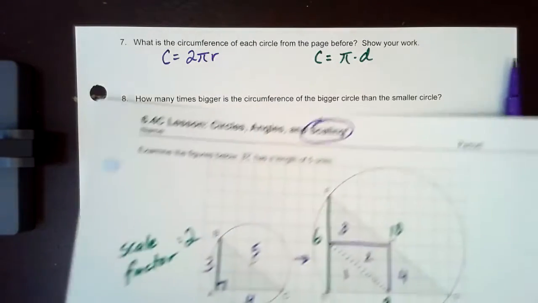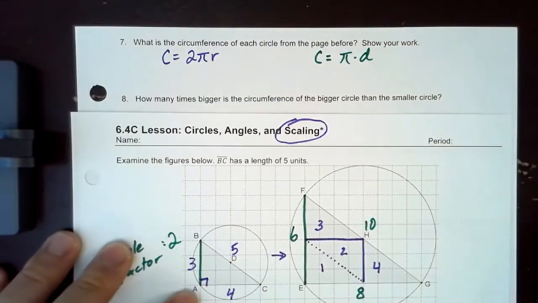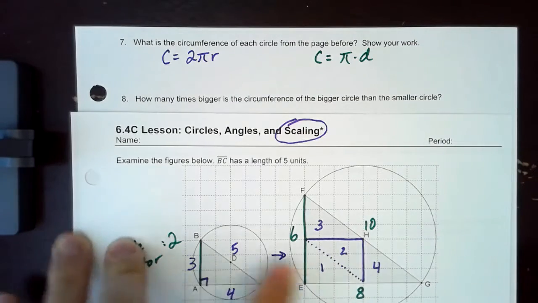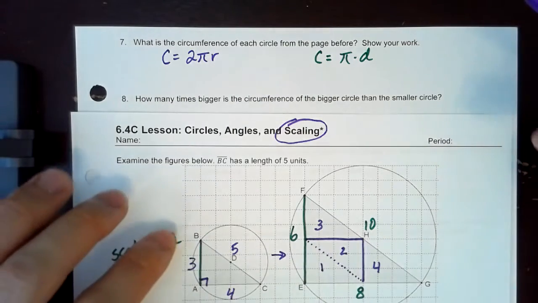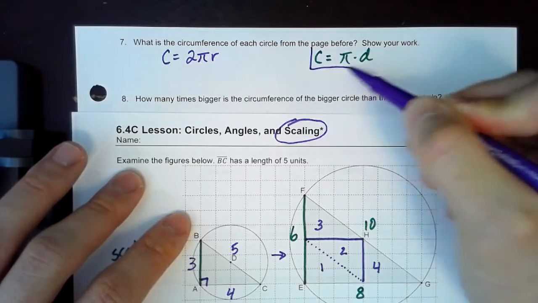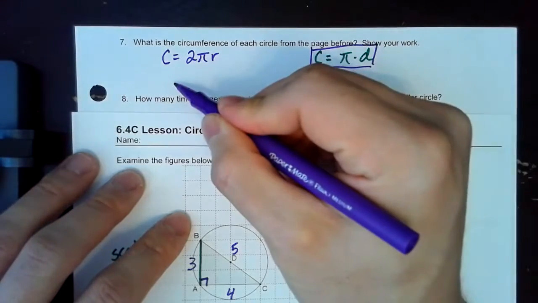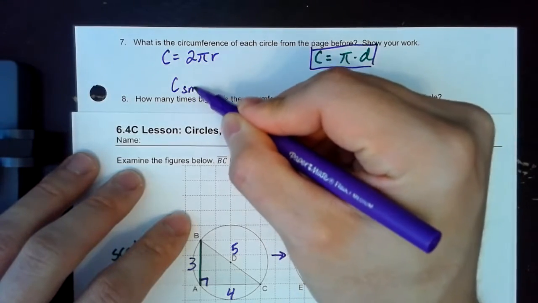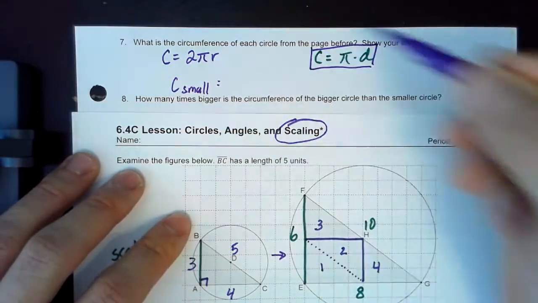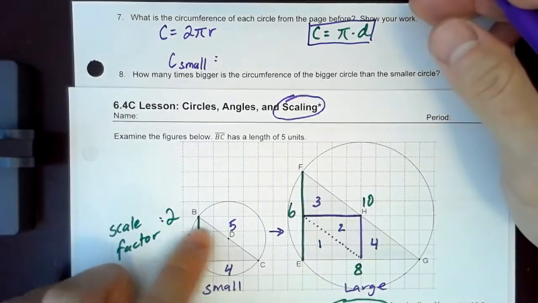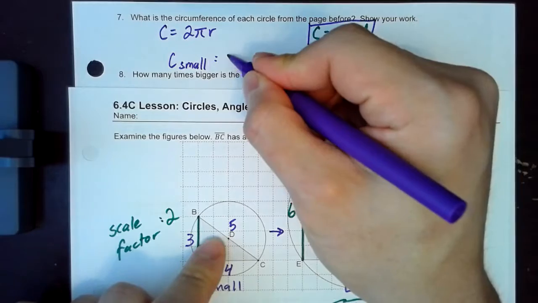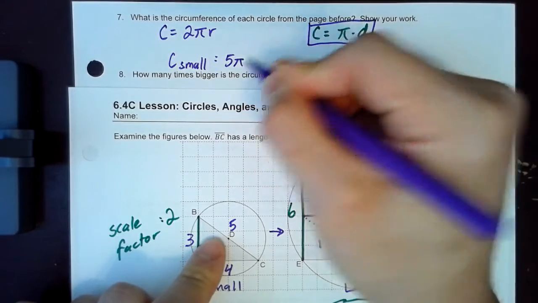And in this case, from the previous page, we actually have the diameter handy. So I'm actually going to just use this formula. I'm going to write C of small is going to equal, well, the small circle had a diameter of 5. So it's really just 5 pi.